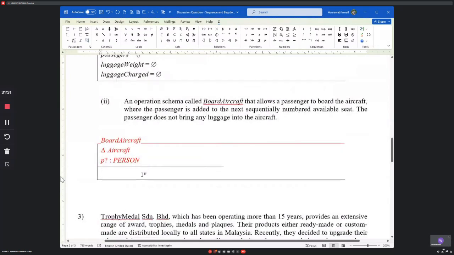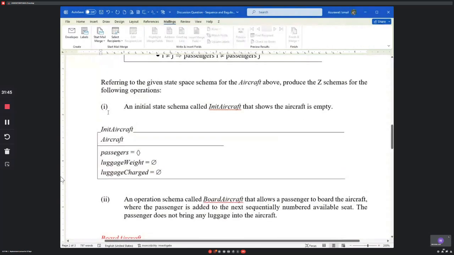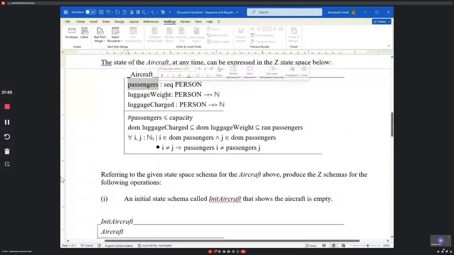So first of all, P must not exist in our aircraft. So we have to check with passenger, which is a sequence of person.